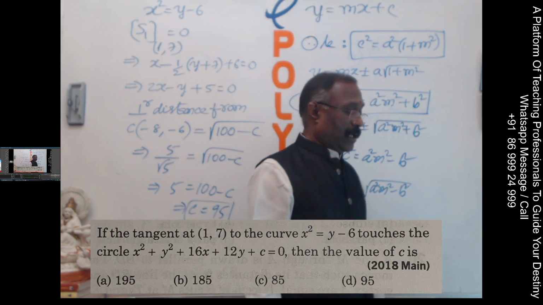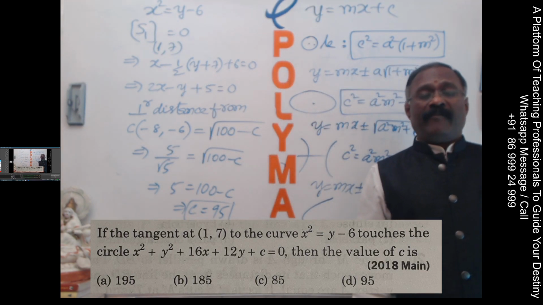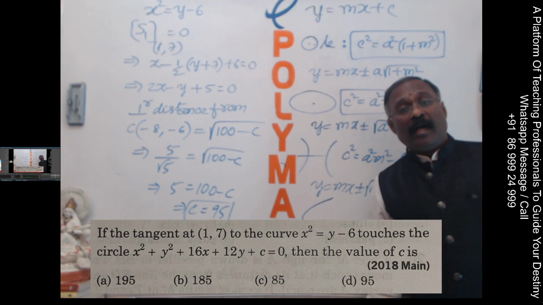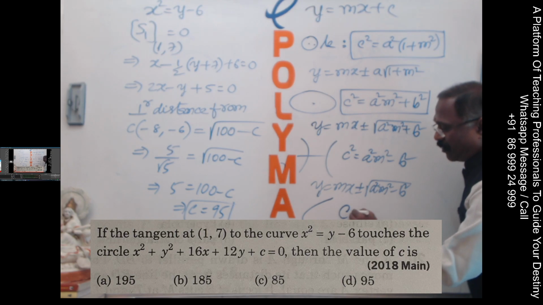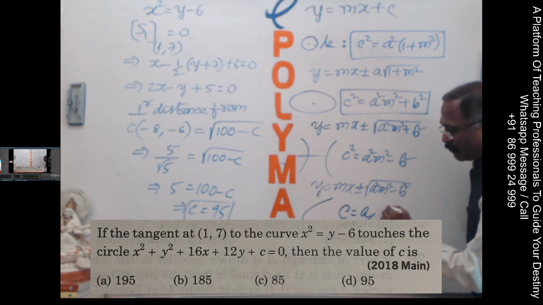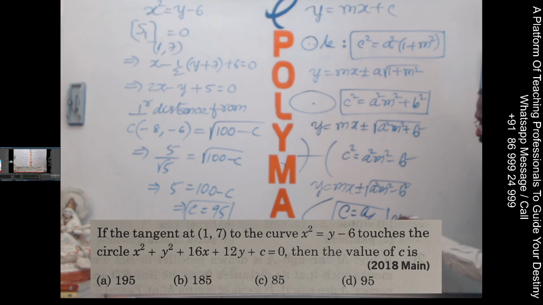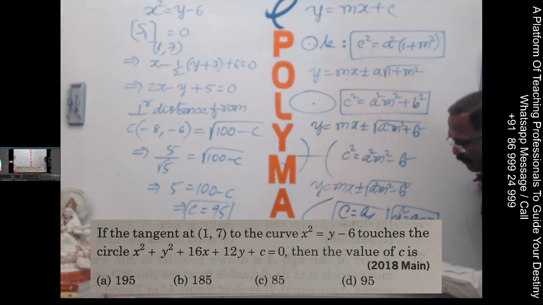That is the reason why the uniformity will not be there for the parabola. And hence, here it is c is equal to a by m. Condition for this line to touch the parabola y square equal to 4ax, and the tangent will be y is equal to mx plus a by m.